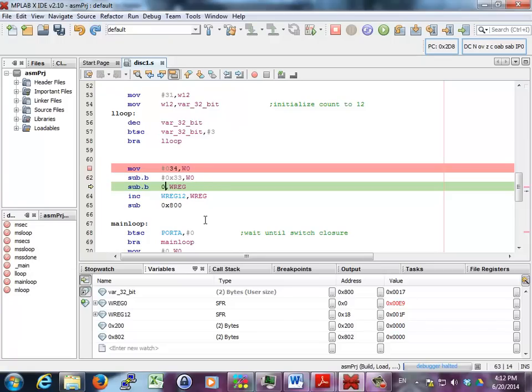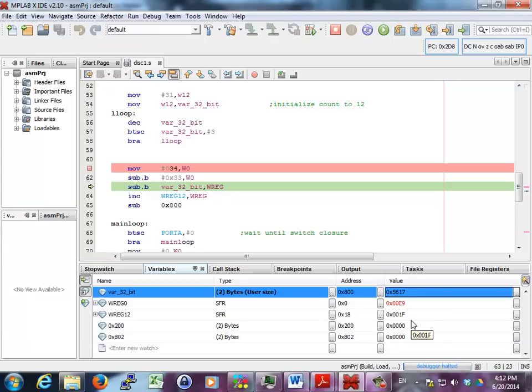The microcontroller doesn't know anything about that stuff, right? The microcontroller would only see 800 here and not the symbol var32-bit. So when you say sub.b, that essentially means go to address 800 and take this 17, and only this 17 would be involved in anything else that you do. So even if I put 5, 6, 17, right?